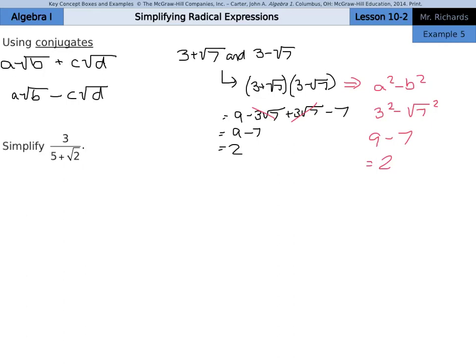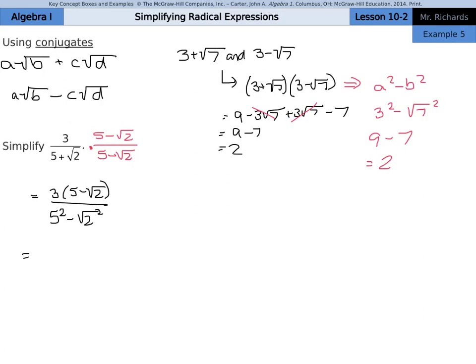Now if I take this and multiply by the conjugate on top and bottom, which would be 5 minus the square root of 2 on top and bottom, something unique here again happens. I am left with 3 times 5 minus the square root of 2 on top. And then on the bottom, if I use that perfect rule, we have 5 squared minus the square root of 2 squared.